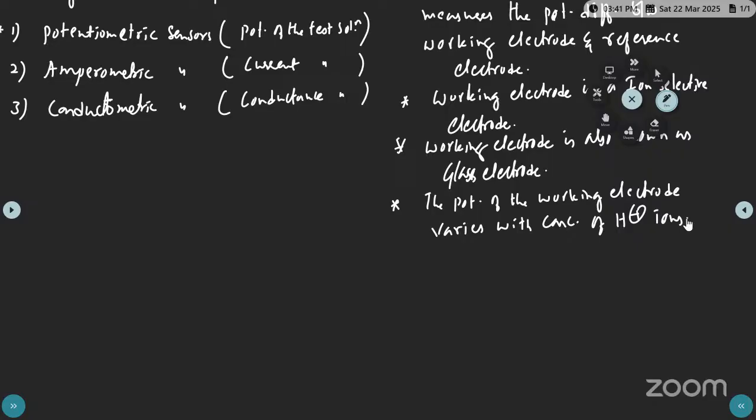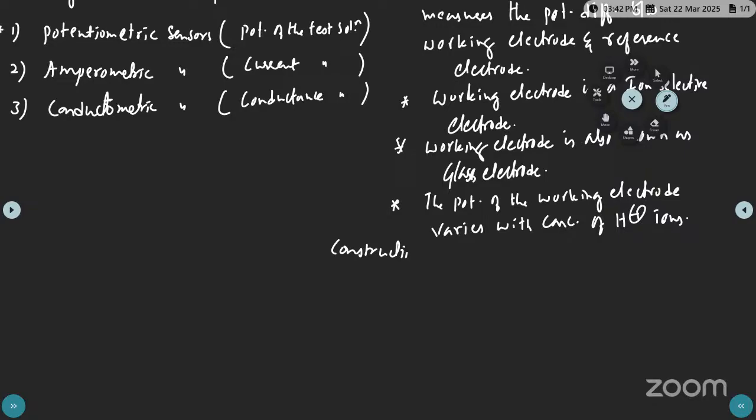Okay, so working electrode is an ion selective electrode, means it responds to only H plus ions. And the potential of the working electrode varies with the concentration of the H plus ions. If the concentration of H plus ions increases, the potential of that electrode also varies. Okay, and then construction ఎలా ఉంటుందో చూద్దాం.